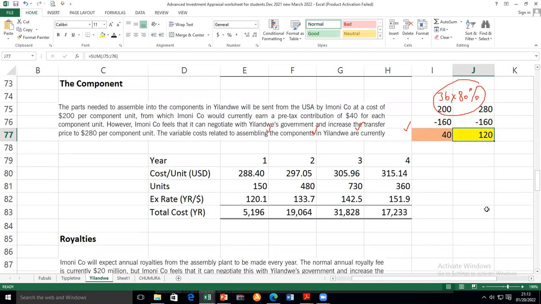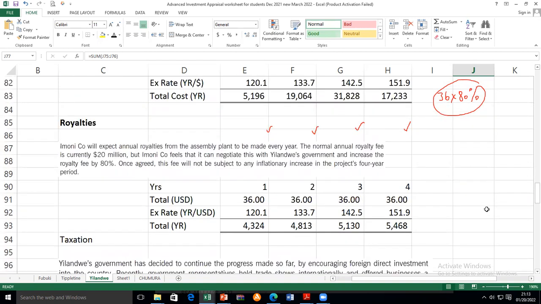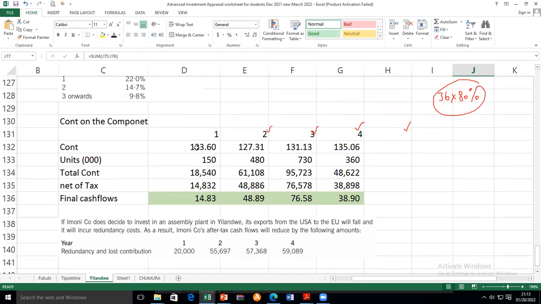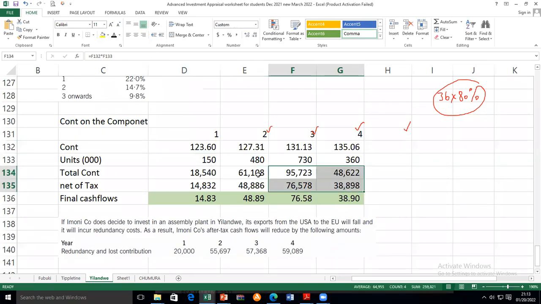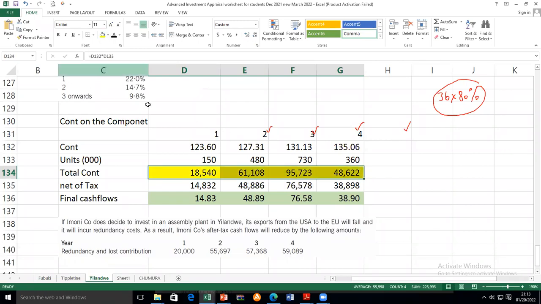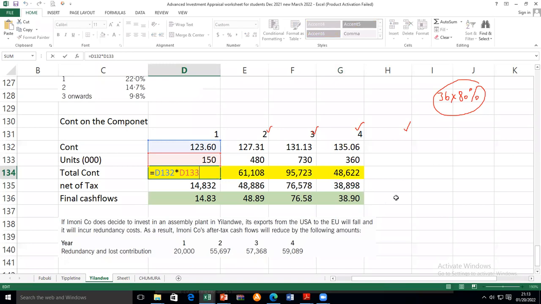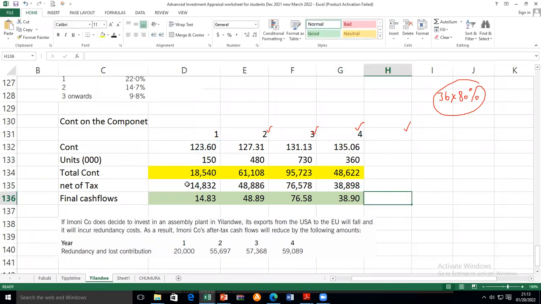You need to inflate it. So that 120 is the one that you have inflated at 3%. So 120 by 3% multiplied by the number of units. So this is the total contribution. In the USA, you need to knock off the tax.